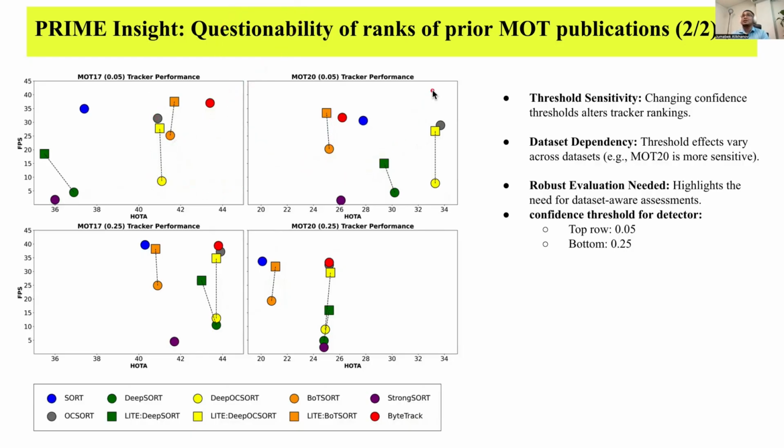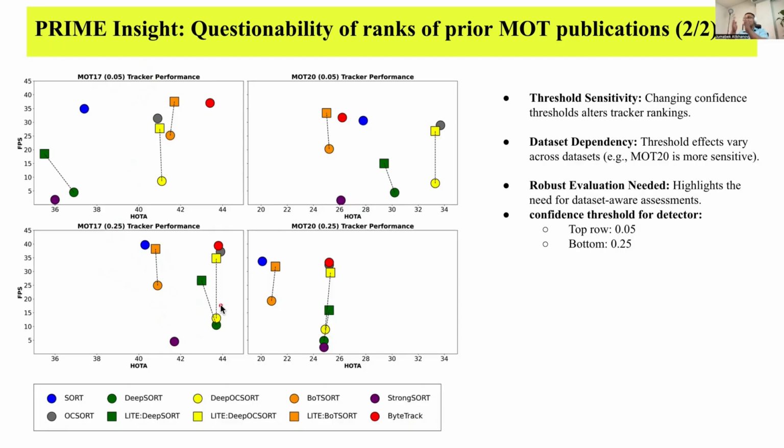Another point from this figure is, if you see the figure on the left side, this column on the left side, this is MOT17, and 0.05 is the confidence threshold, right? And this confidence threshold is actually not good for MOT17 because when you increase the confidence threshold, the HOTA score will increase.